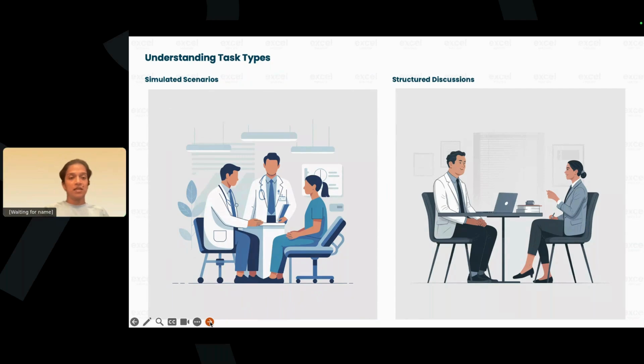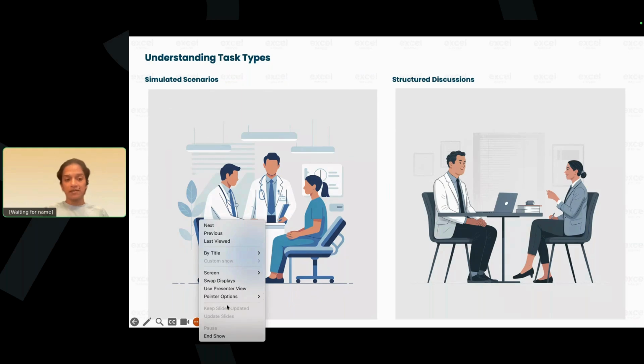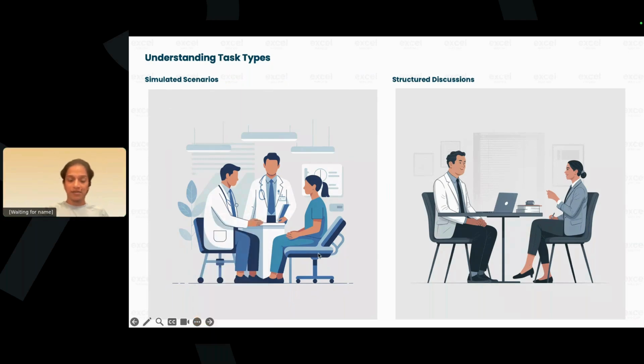As you can see here, there are three people in the cubicle, including the candidate. So that is your simulated patient task. So there is one examiner, one candidate, and the role player. Okay. While in a structured discussion, you have just the candidate and the examiner. So that's one way of identifying.